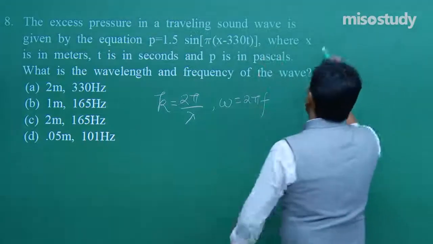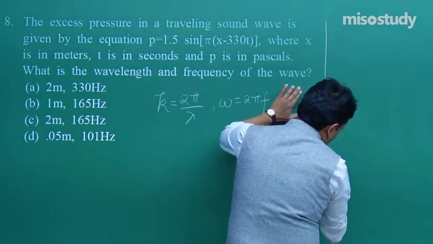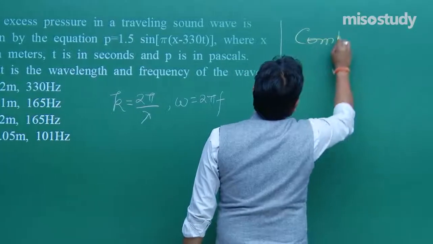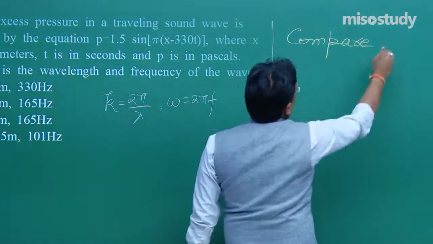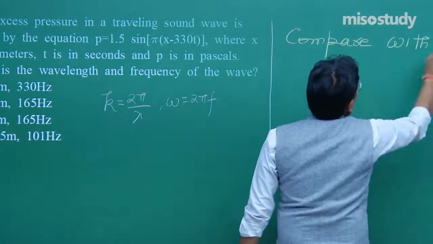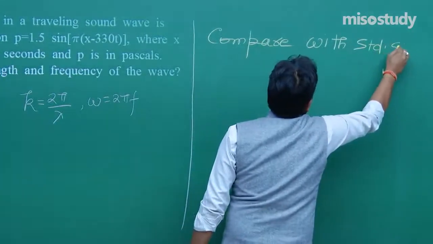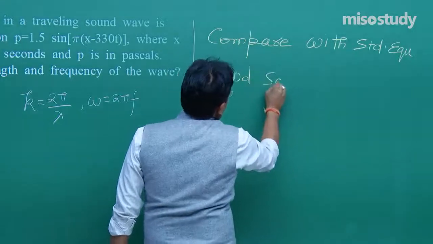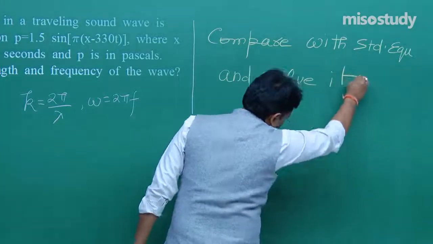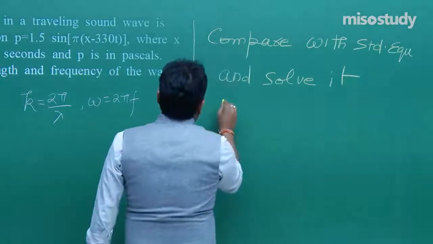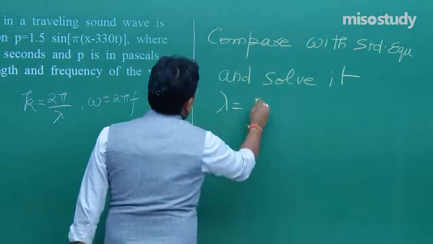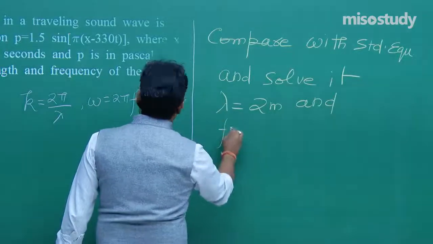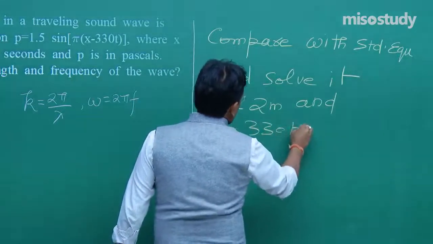So now, just by comparing with the standard equation and solving it, after comparing, lambda is equal to 2 meter and frequency f is equal to 330 hertz.